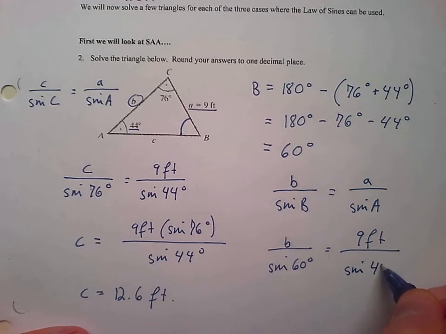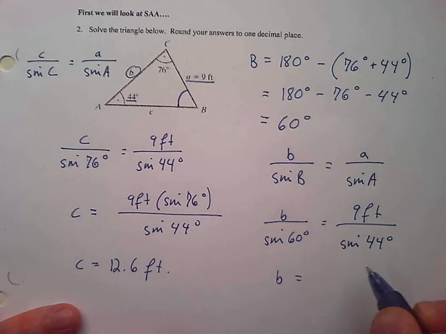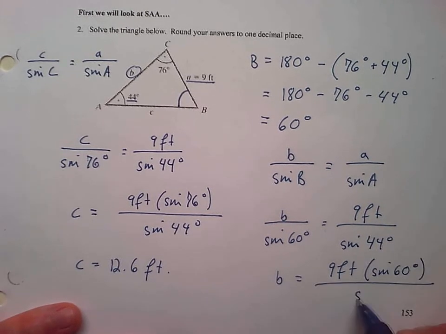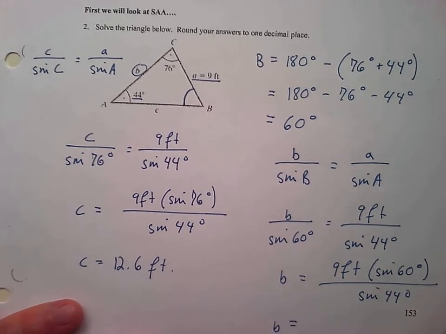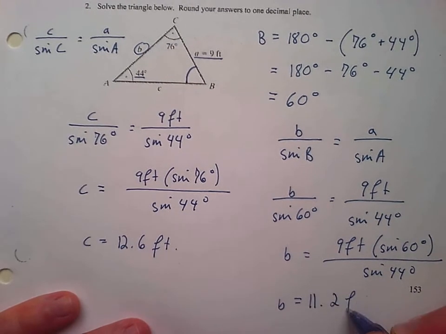Angle A is again equal to 44 degrees. So now we can solve for B by multiplying both sides by the sine of 60 degrees. And again, using your calculator, we get that B is equal to 11.2 feet.